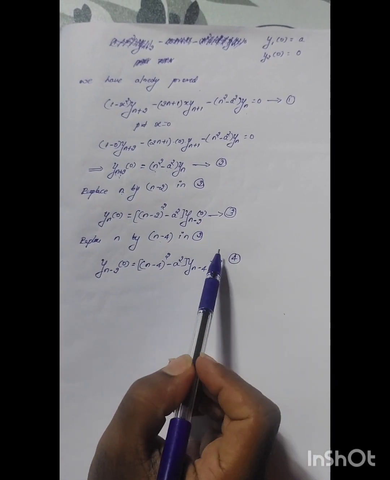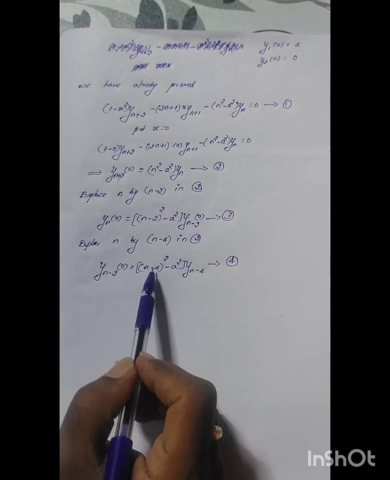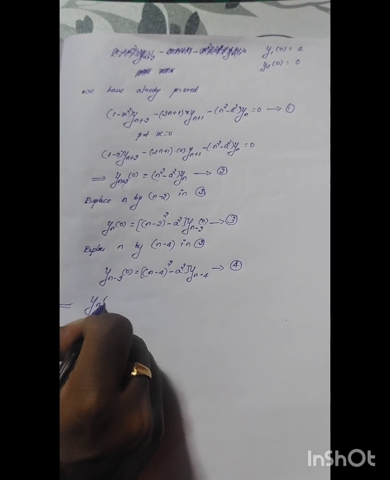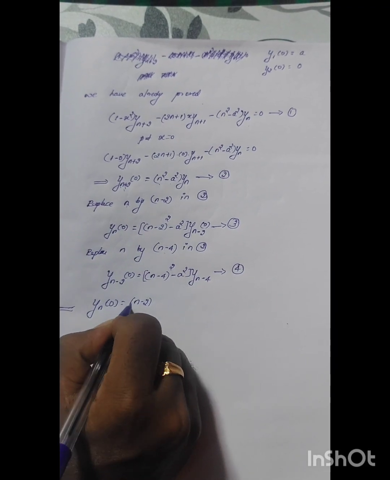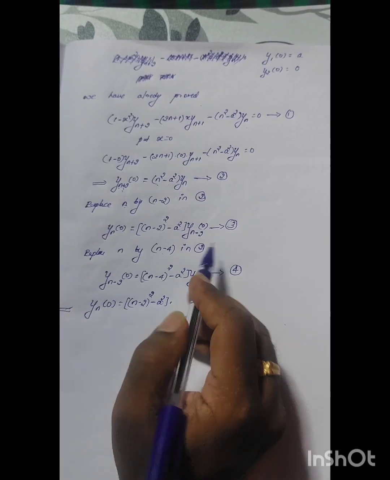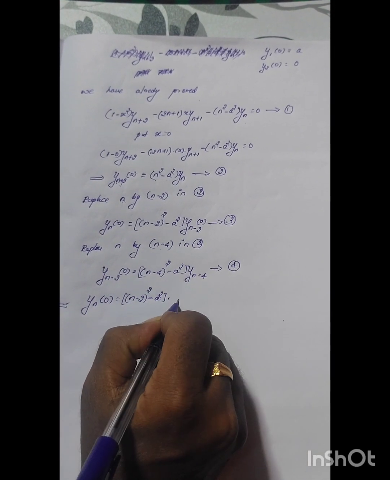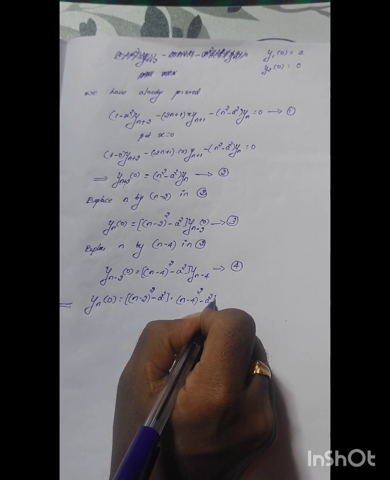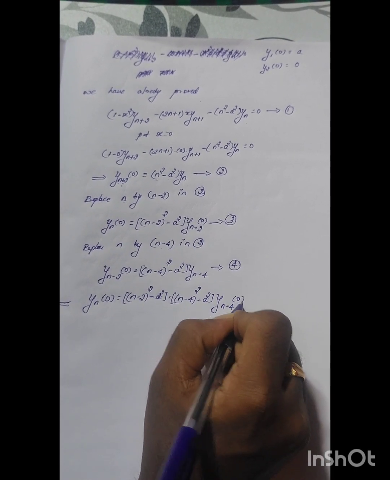If you see equations 3 and 4, let's replace this yn minus 2 of 0 from equation number 4 in 3. So yn of 0 will be equal to n minus 2 the whole squared minus a squared into yn minus 2 of 0. Yn minus 2 of 0 from equation number 4 becomes n minus 4 the whole squared minus a squared into yn minus 4 of 0, and so on.